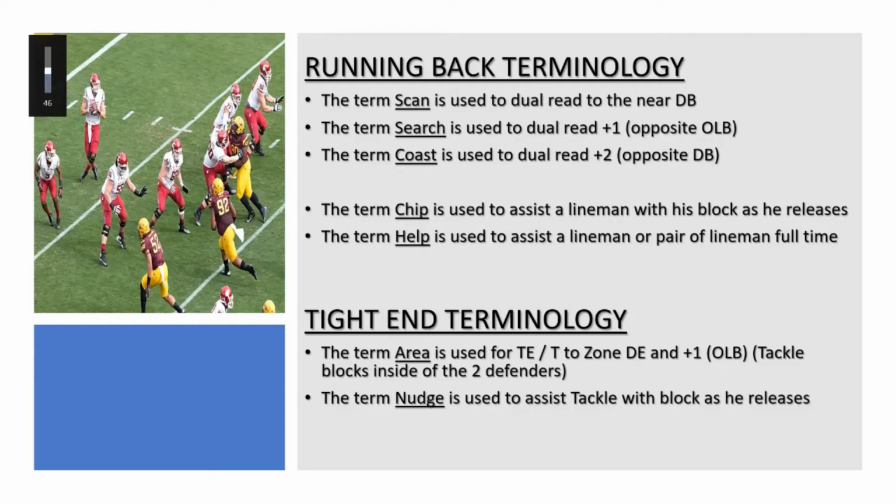They were playing drop 8, and so really we were in a 6-man protection where there was a slide with the center, front side guard, and tackle, and really the back's responsibility was to go and help out that tackle, whichever side he was on.